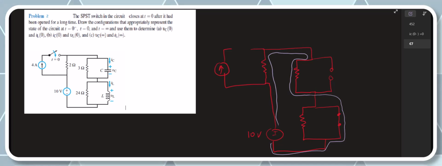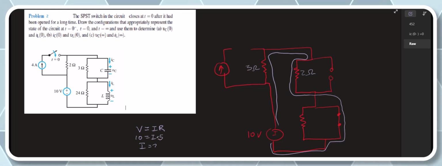And so the only two resistors that have any current are this 3 ohm resistor and the 2 ohm resistor. Everything is in series, and so our current we can find just using Ohm's law. So our voltage is 10 and our total resistance is 5.